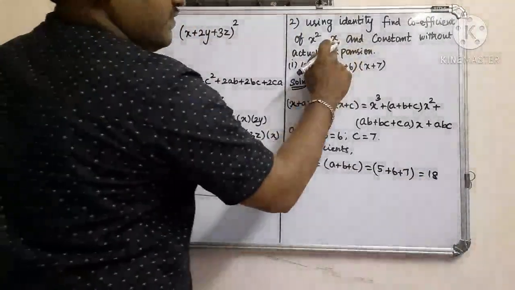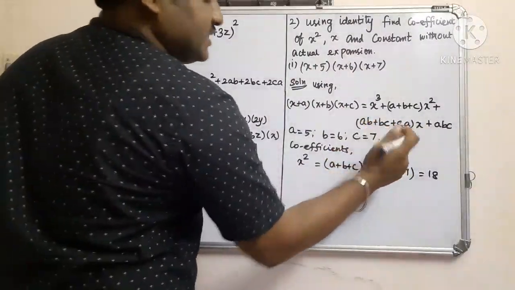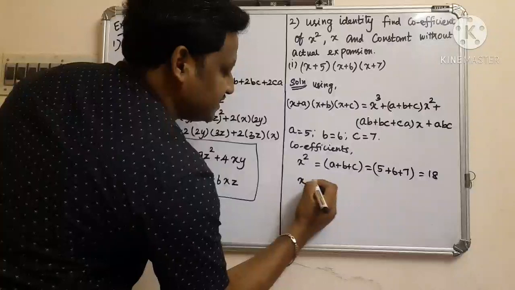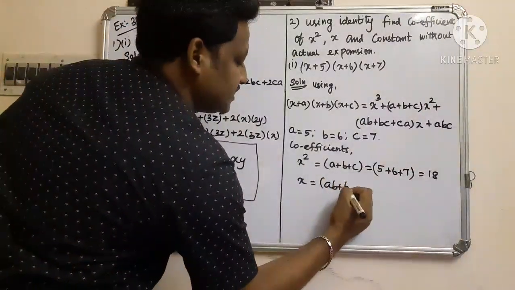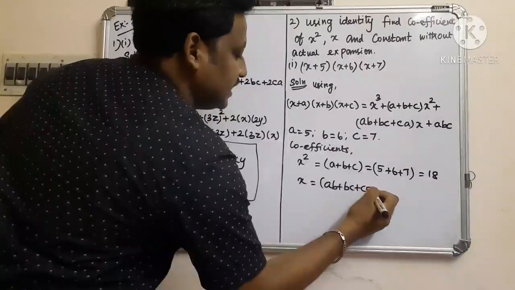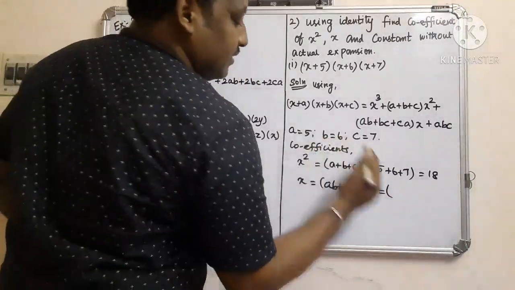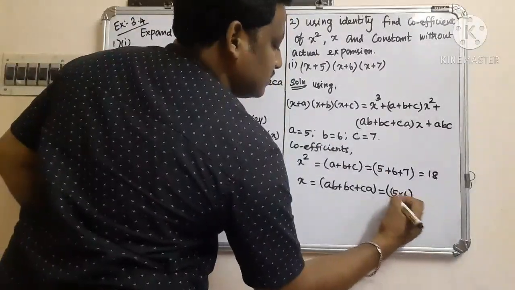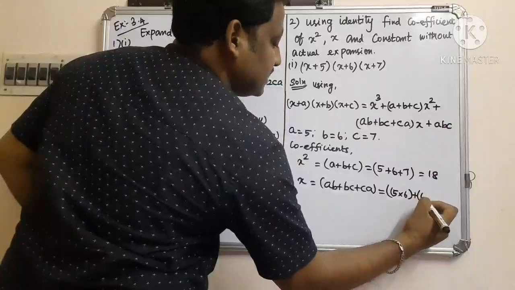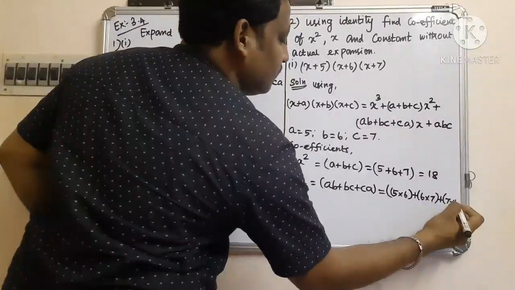And then we have to find the x coefficient. The x coefficient value is ab plus bc plus ca, which is equal to 5 into 6 plus 6 into 7 plus 7 into 5.